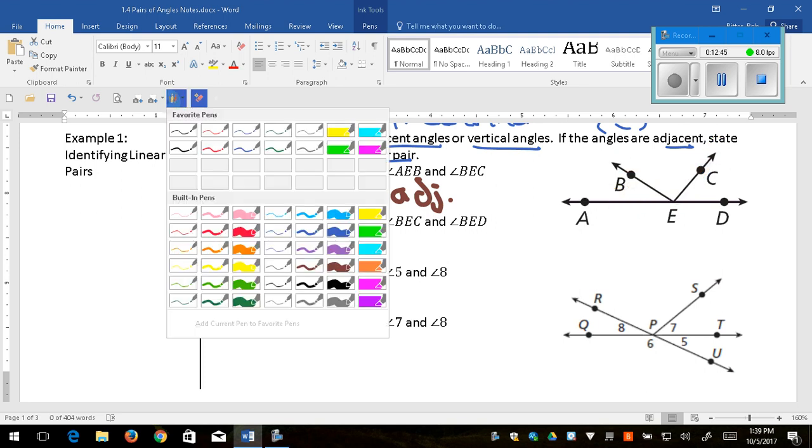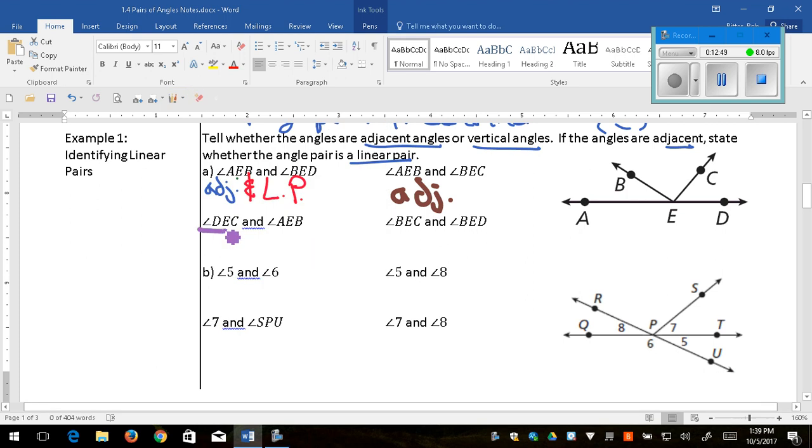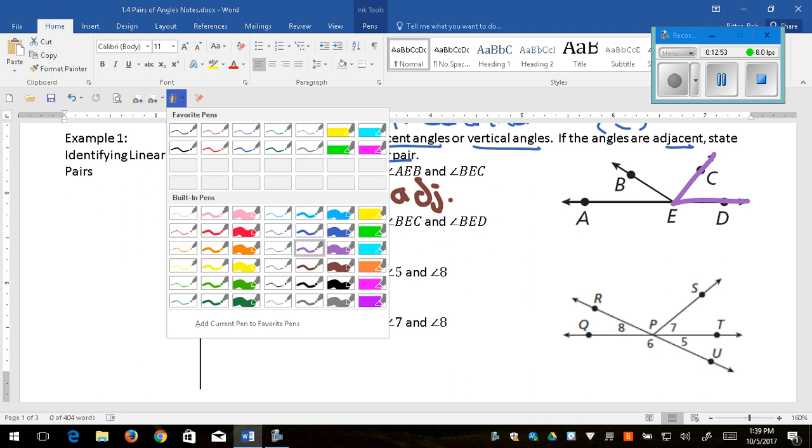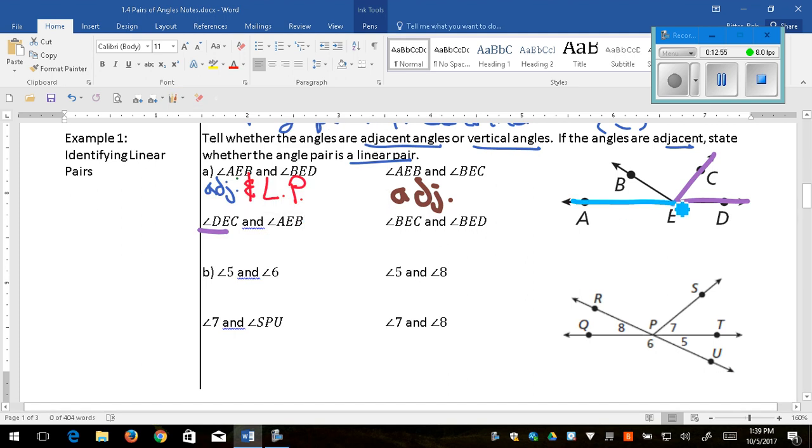All right, let's take a look at this next one. We have DEC and AEB. These, although they do share a common vertex, and although the points on this one are separate from the points over here, they do not connect.